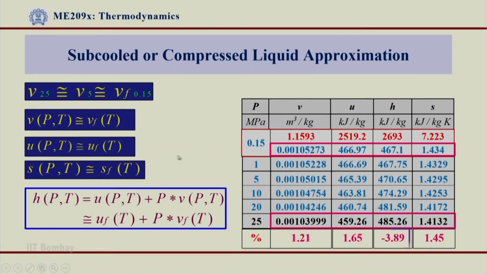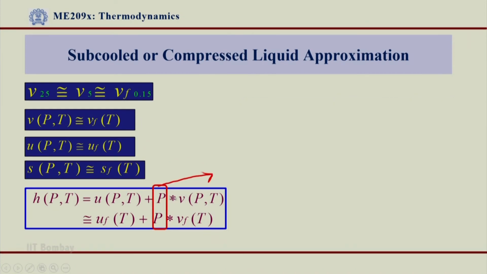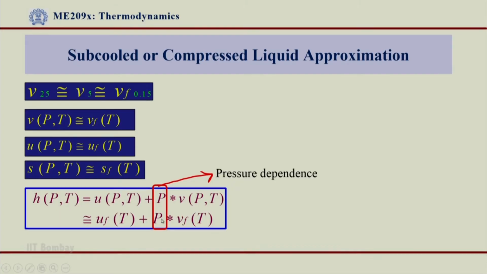If I come back to the equation, you can see that this is the pressure which plays an important role, because even if U(P,T) is equal to U_f(T) and V(P,T) is equal to V_f(T), there is a P term that appears there which directly relates H(P,T), the enthalpy, to the pressure term. So if I go on increasing the pressure, it will show up on enthalpy because of this formulation.